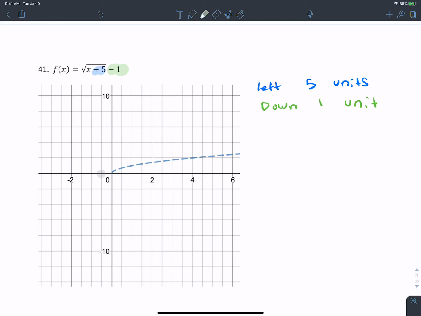So this will be 1, 2, 3, 4, and 5. Okay, so I'm going to do this here. Nope. This is going to be -5 here, right here. So that's going to the left 5 units.